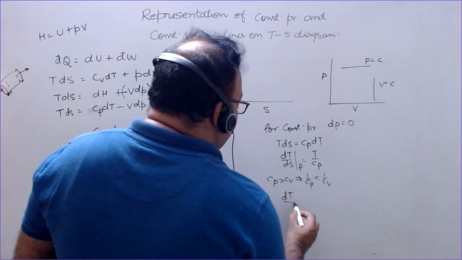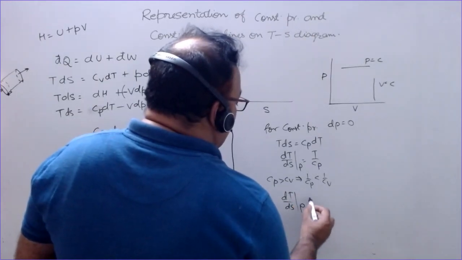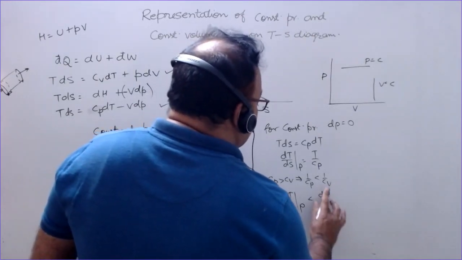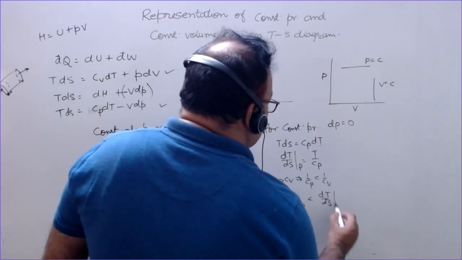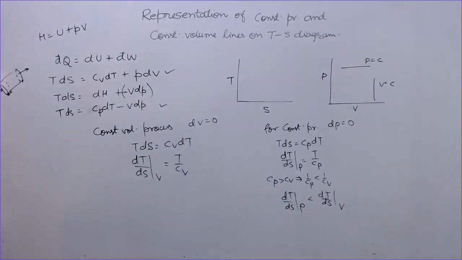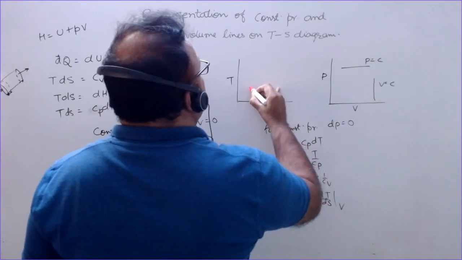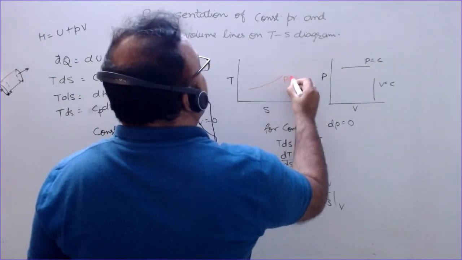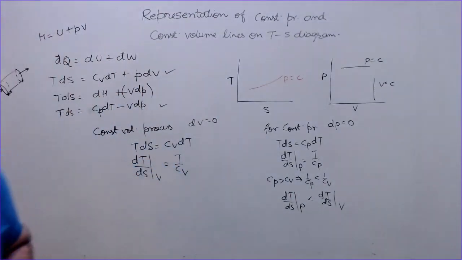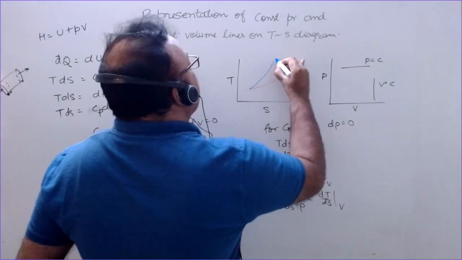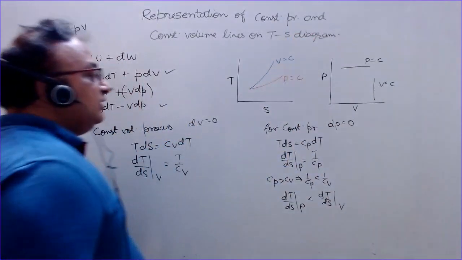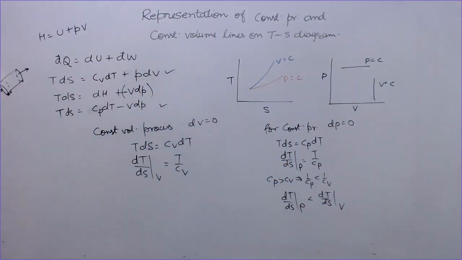So at constant pressure, the slope is less than that at constant volume. So the slope of a constant pressure process is less than that of a constant volume process. So this is the constant pressure process and this is the constant volume process. This is how you can show the processes on a property diagram.